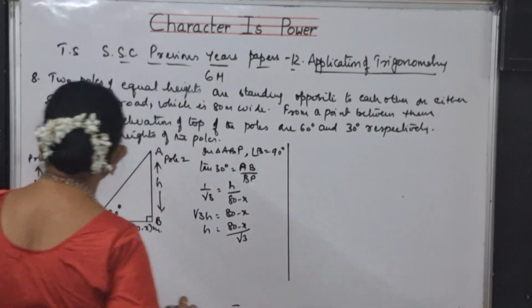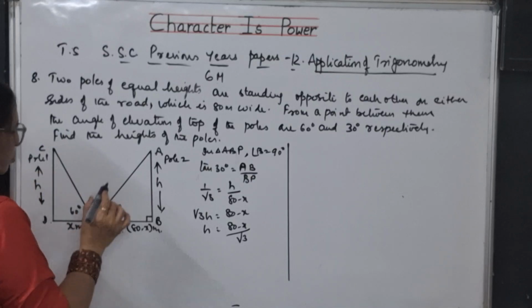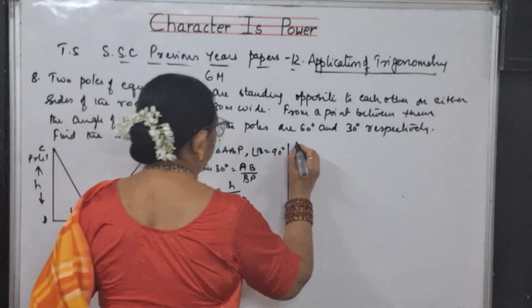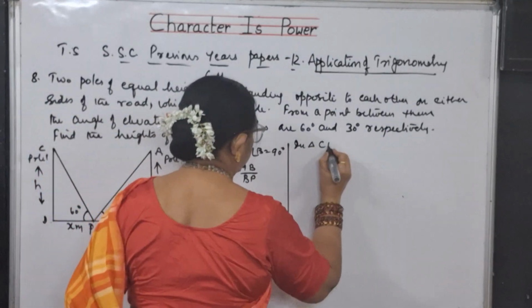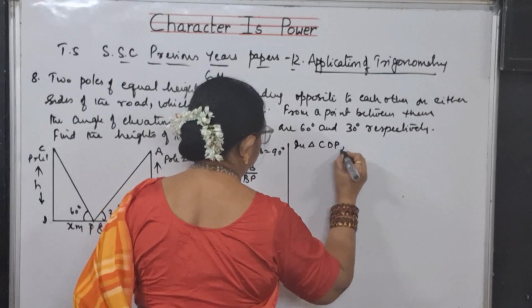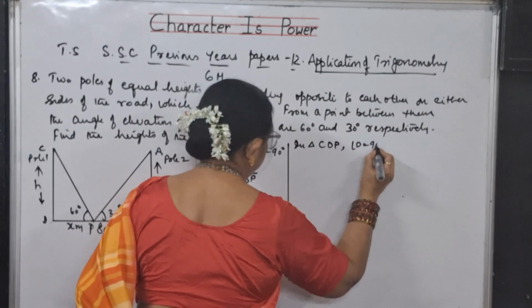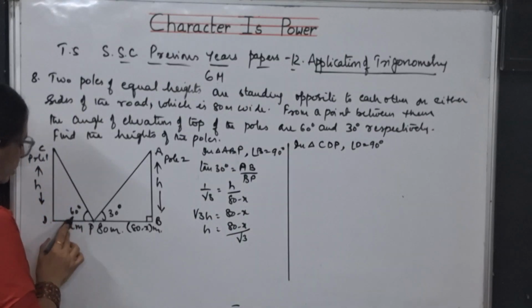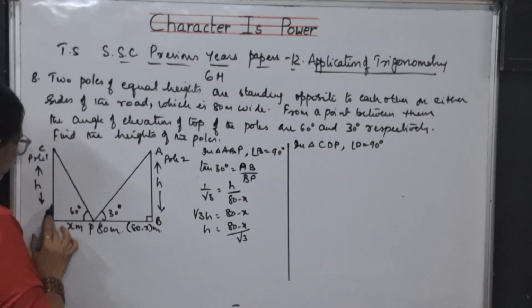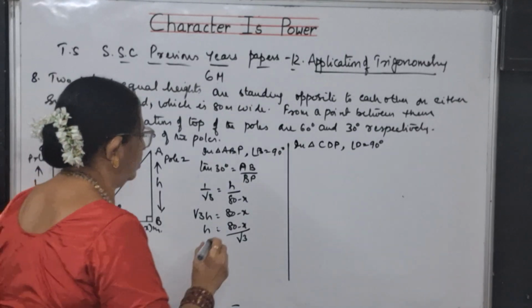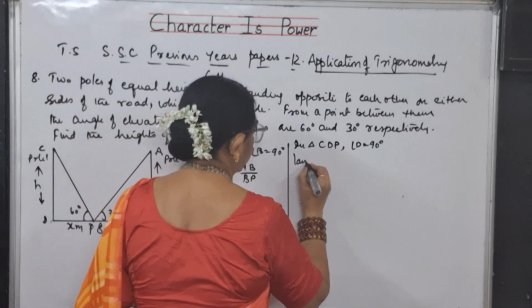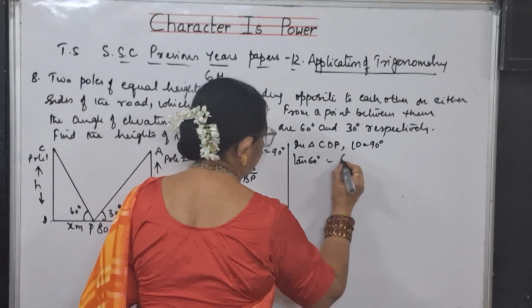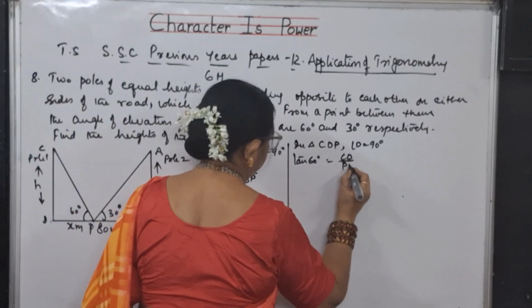Second one, in triangle CDP, angle D is equal to 90 degrees. So here the angle is 60 degrees. So tan 60 degrees is CD by PD.